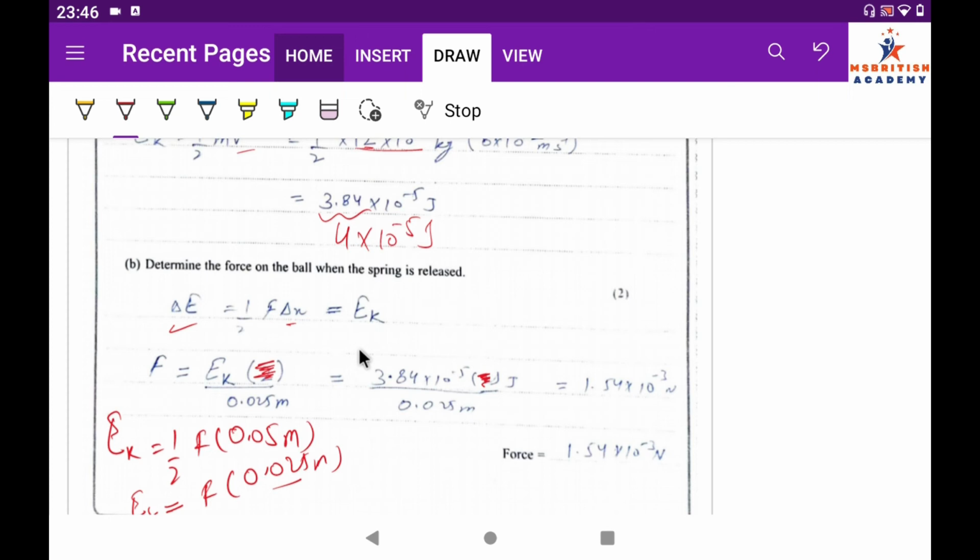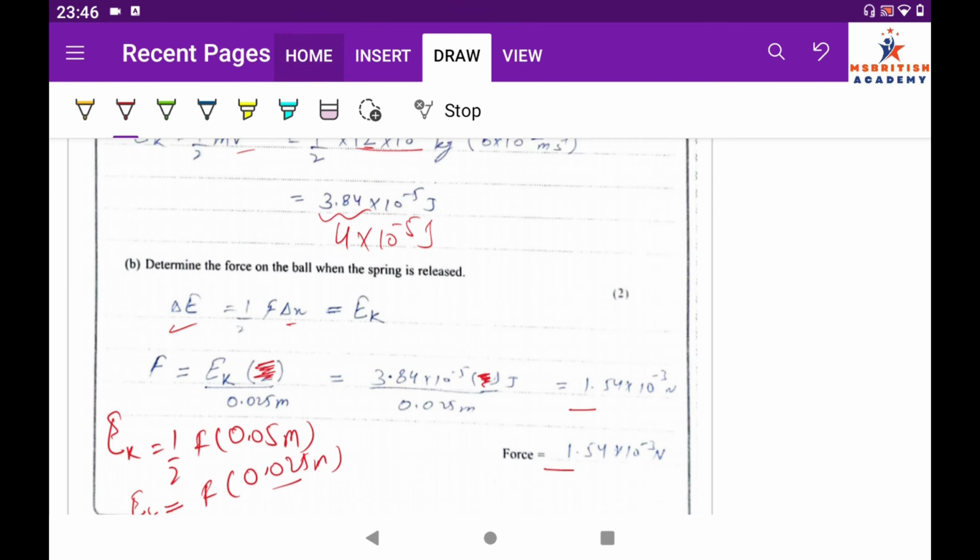Okay, 3.84 divided by 0.25, that is 153. Okay, yes, it will match your answer.